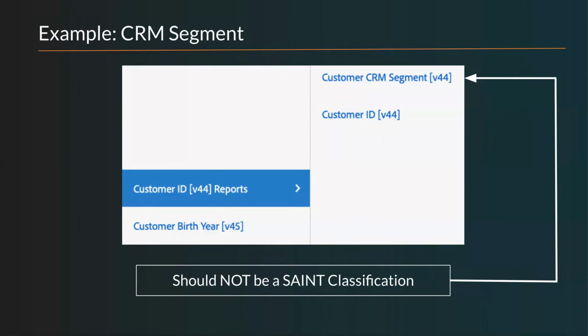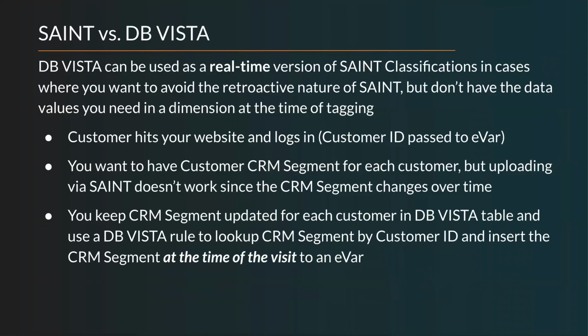And when I spoke about SAINT classifications, I talked about how this was the absolute wrong thing to do, because that CRM segment for each customer is changing week after week or month after month. So having it as a SAINT classification is really bad, because as we learned, SAINT classifications are retroactive. But this would be a good example of where you would want to use DB Vista instead of SAINT.